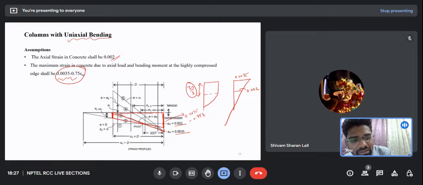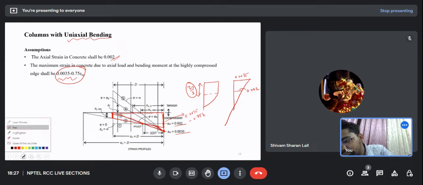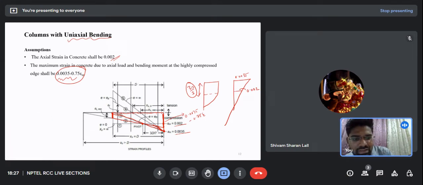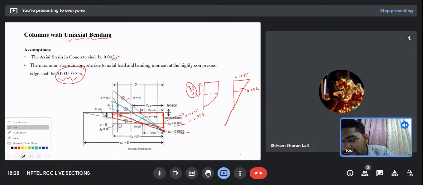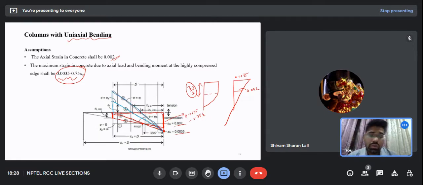And further, the strain in the concrete won't go above 0.0035, but the tensile strain, let me use some other color, will be in such a manner that at one side the strain will be tensile and on the other side the strain will be compressive, so in this way. This is somewhat difficult to understand, so I suggest you revise this.